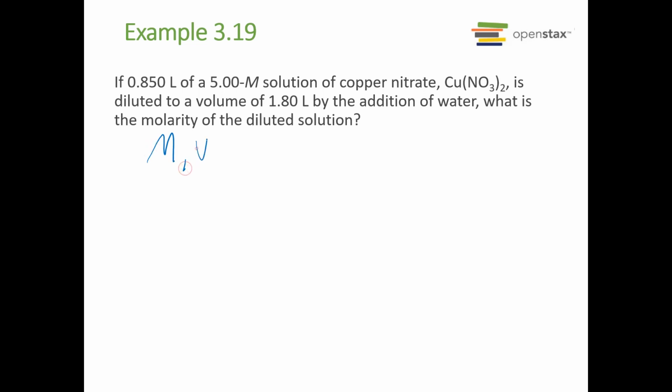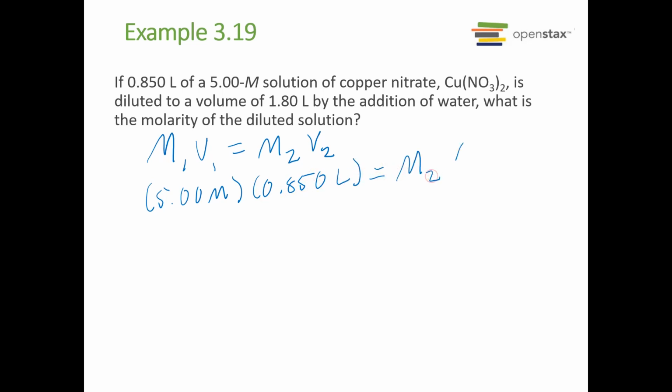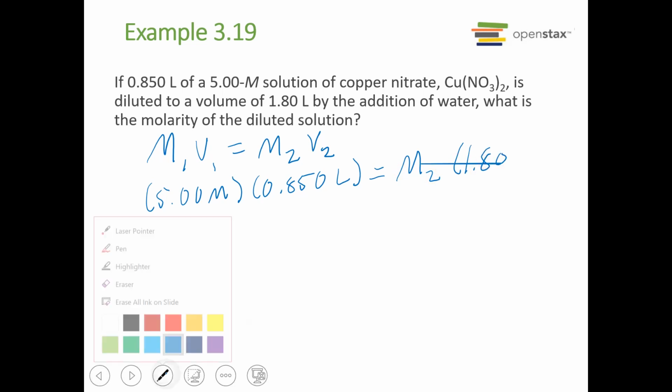So we're going to have M1V1 is equal to M2V2. So we have a 5 molar solution to start with. And we started with 0.850 liters of that solution. And we're going to dilute it to 1.80 liters.